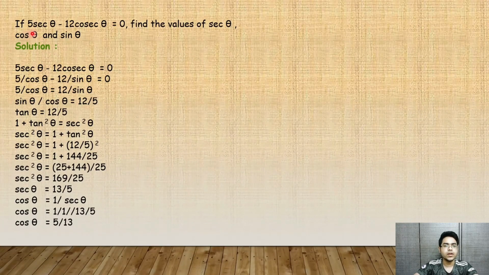Here we are given the equation 5 sec theta minus 12 cosec theta is equal to 0. Then find the value of sec theta, cos theta and sin theta. We will convert this into cos and sin format.